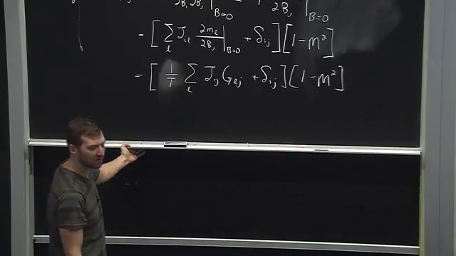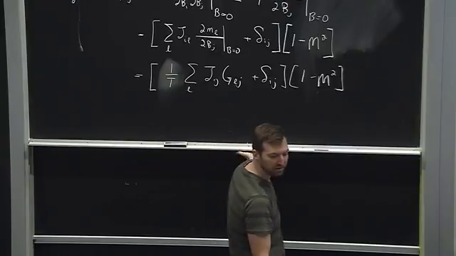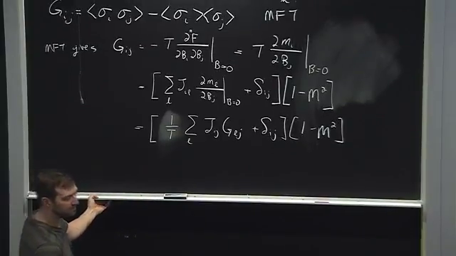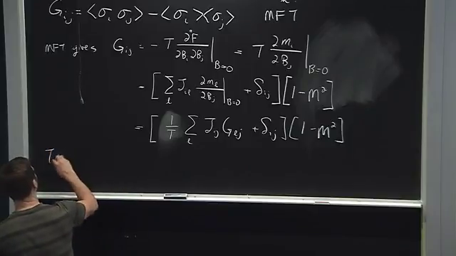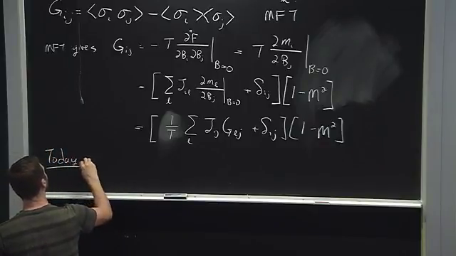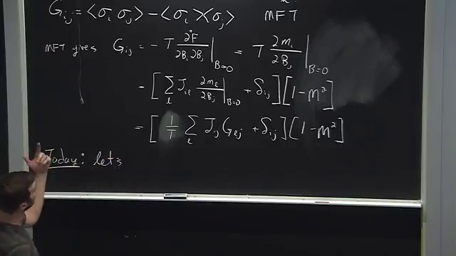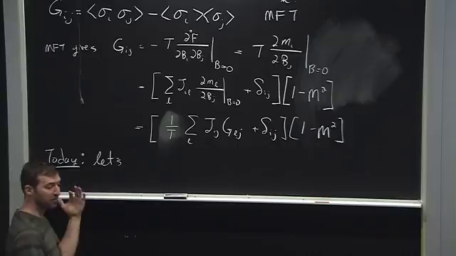So I think your second question on homework 2, which I'll bring Friday, will be related to what I'm doing today in class. So today, let's calculate the mean field two-point correlation function above T_C.